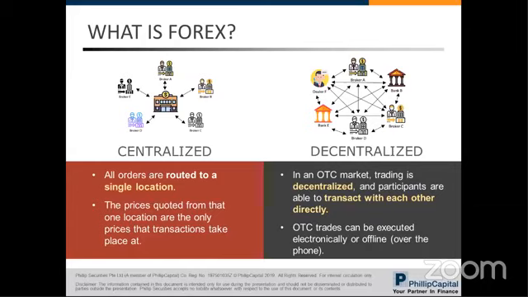They can be executed electronically or offline, through phone orders or fax. They are transacted with one another directly. There's no one single place where you can see what the actual price has been. So that's the difference between OTC and centralized places such as the exchange.